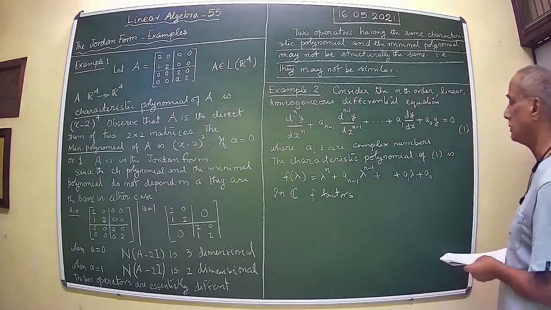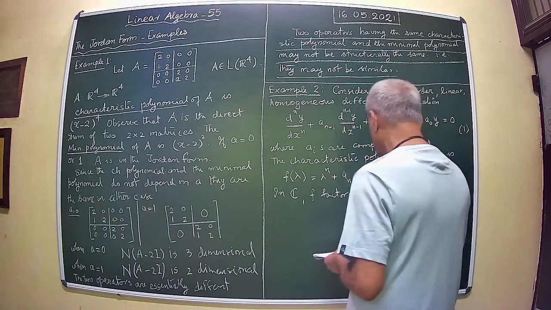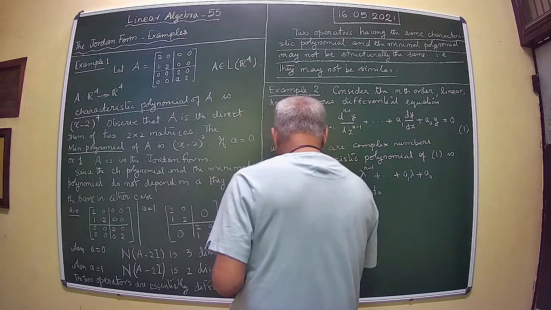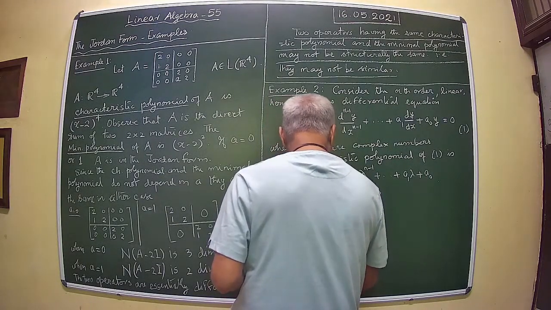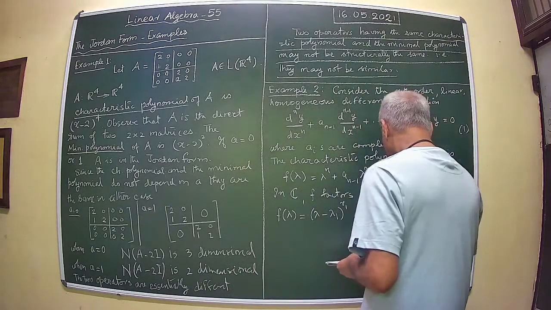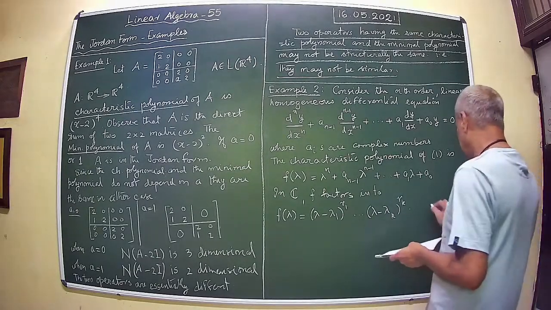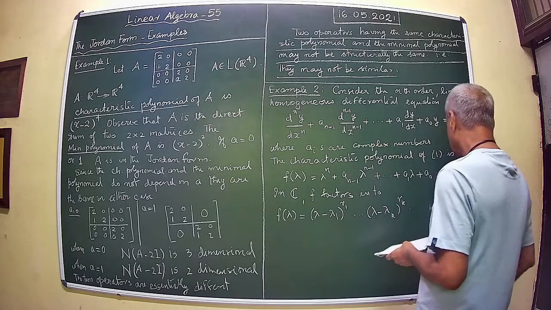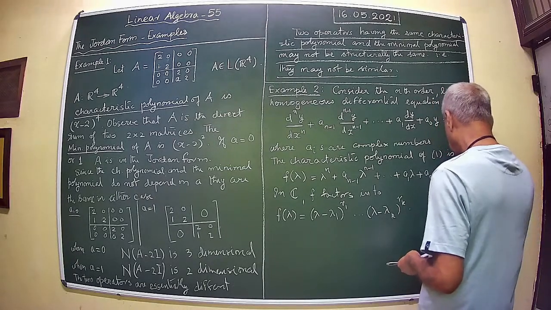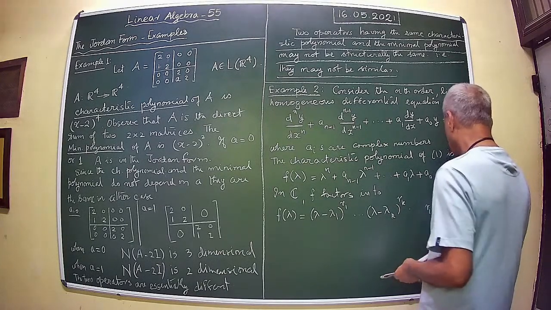f factors into the following form. It's f(lambda) equal to (lambda minus lambda_1) to the power r_1 and so on, where of course 1 is less than or equal to r_i, or r_i is greater than or equal to 1.